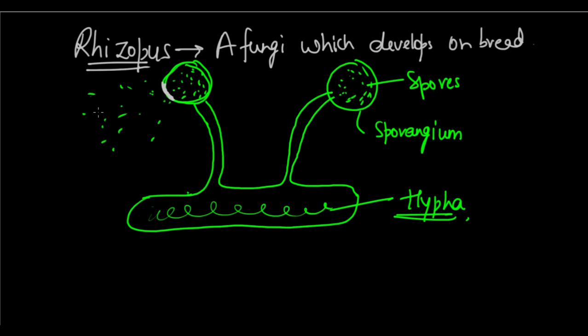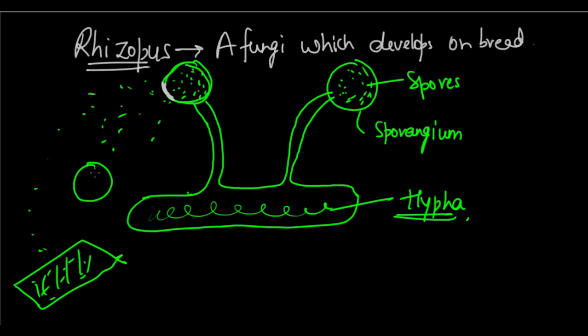And as they escape out, they are carried mainly by the air, and they go and land on various other things. It may be another piece of bread, or it may be the same piece of bread, or it may be some fruit kept nearby, like a tomato. And wherever they drop, they will develop another fungus or rhizopus.